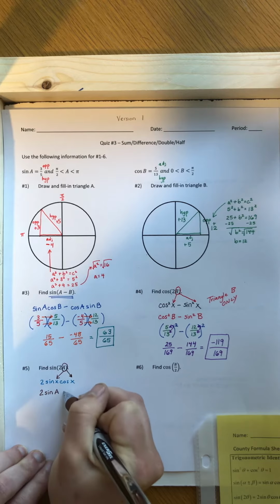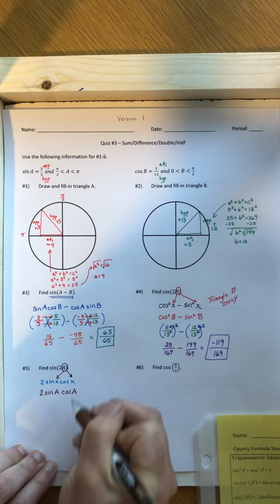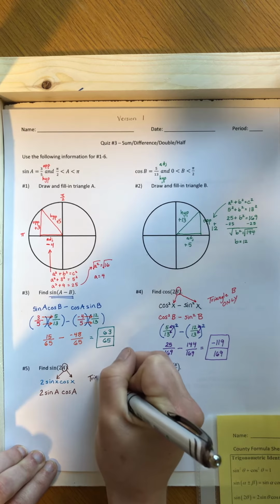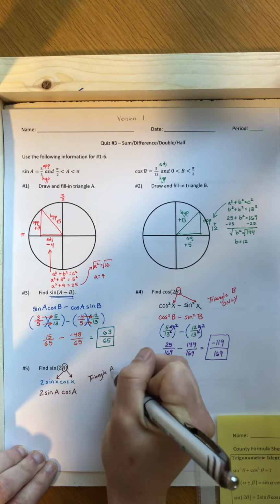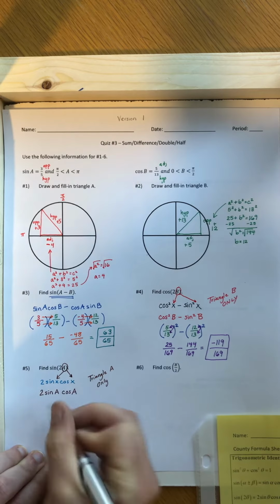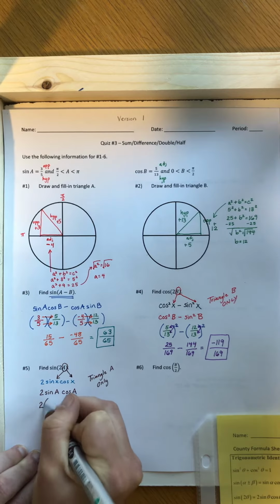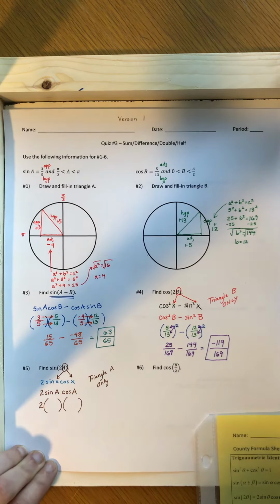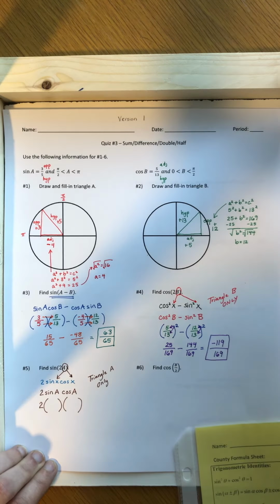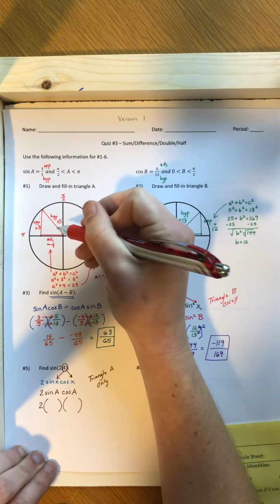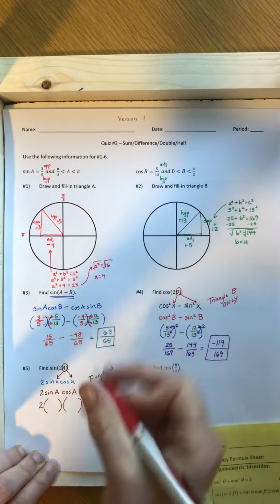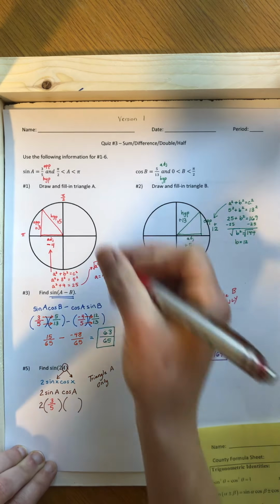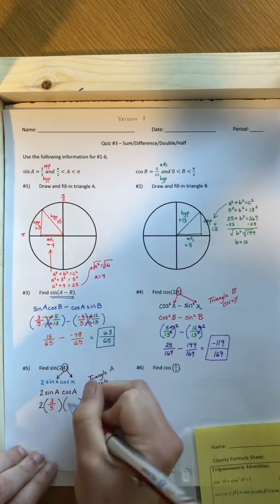So it's going to be 2 sine A cosine A. As you can see in this one, I'm only dealing with triangle A. So I'm going to multiply 2 times whatever the sine of A is times whatever the cosine of A is. So the sine of A, sine of triangle A, is opposite over hypotenuse. The cosine of A is the adjacent over the hypotenuse.